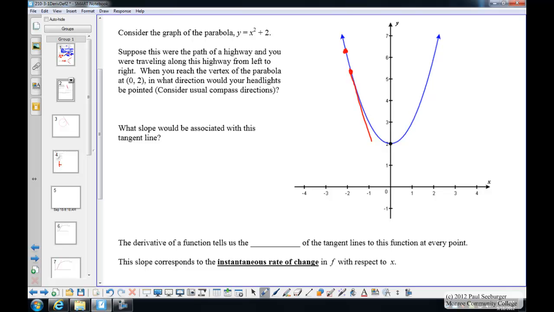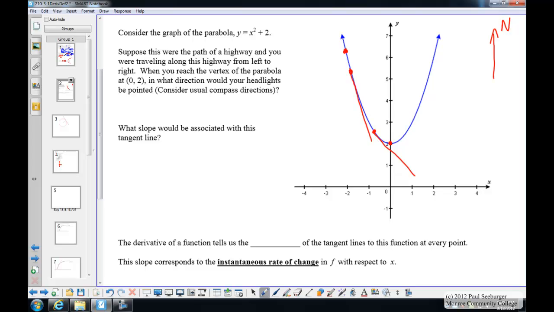So let's see, if we consider usual compass directions, I guess that would mean this would be north, due north. Then as you move down to the vertex at (0, 2), which direction would the headlights be pointing? So you keep moving down this line here. What happens here?